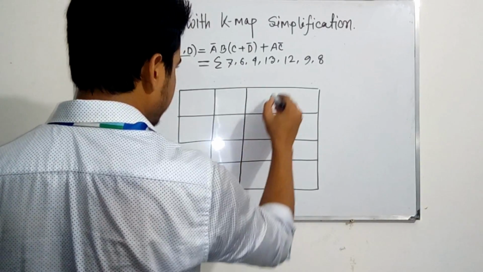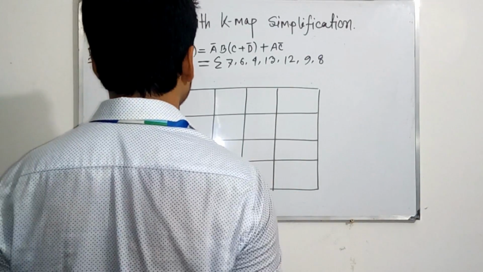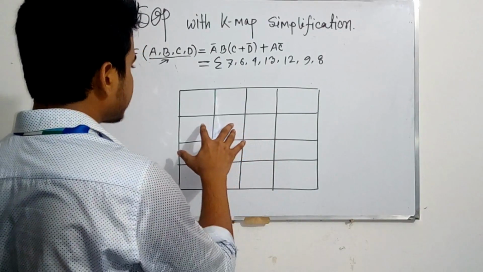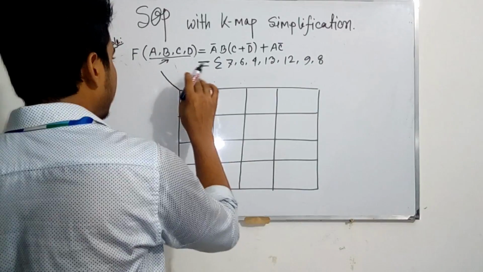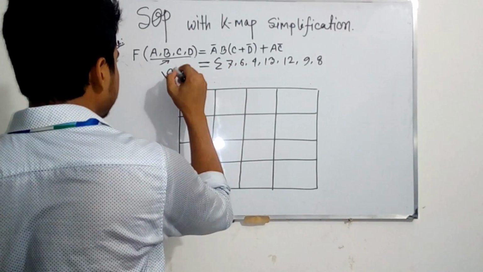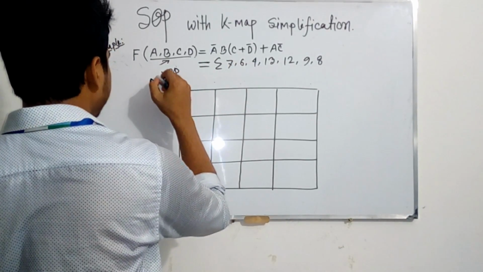There should be a total of 16 boxes. Okay, in a 16-box Kmap, the rules for setting up variables: this pattern carries CD and this pattern carries AB.